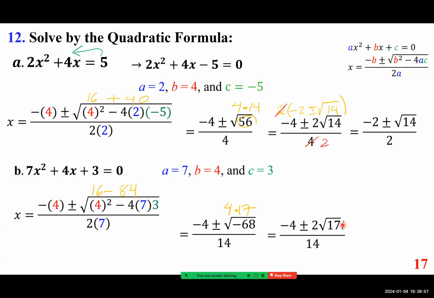That's why in many texts, they put it in between so there is no ifs and buts about it. Again, we have a common factor of 2. So I'm going to take out the 2, minus 2 plus minus the square root of 17. This 2 goes away. This 14 changes to 7. And that's the final answer.